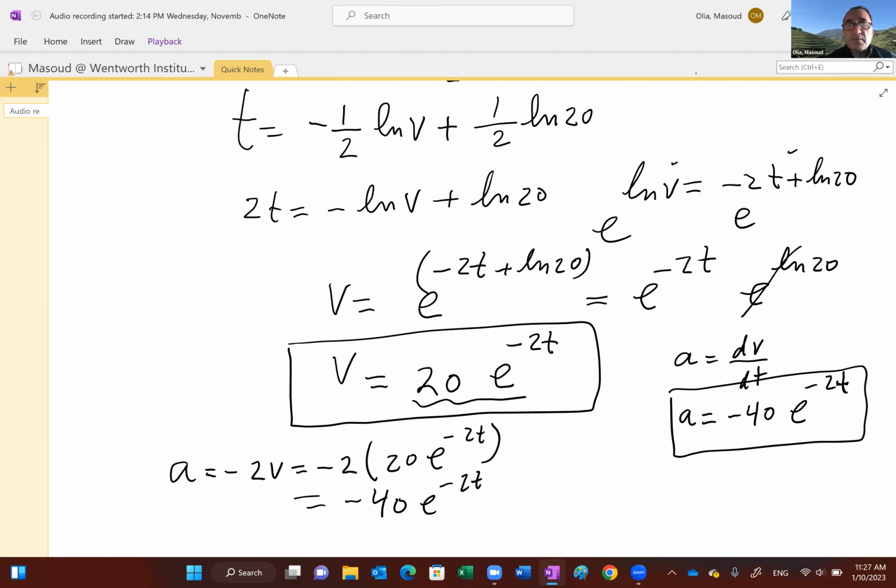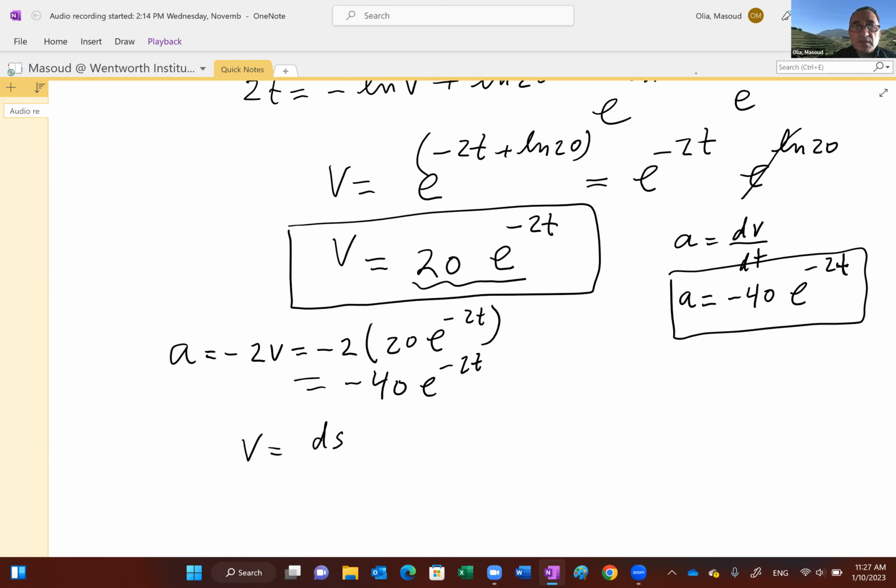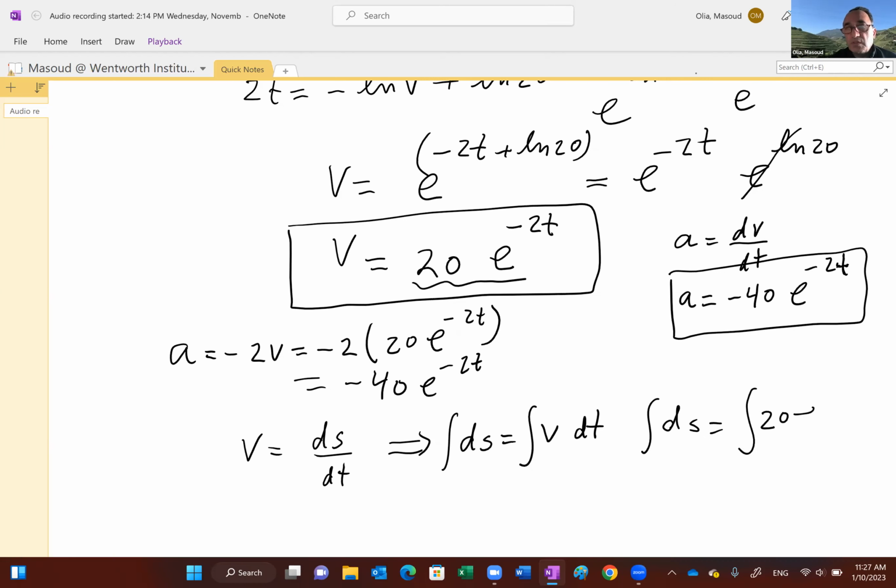Now, how do we find s, position as a function of time? Well, we know that velocity is the derivative of position, the rate of change of position. Therefore, ds is the integral of v. So I put v, which is 20 e to the minus 2t, and I integrate it.